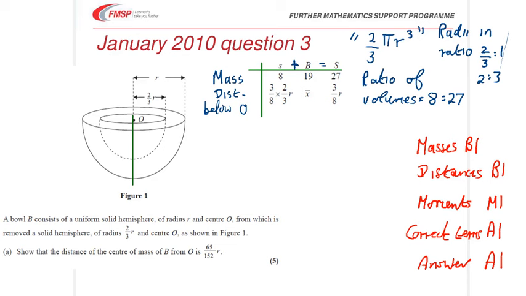So the moments of the whole thing is made up of the sum of its parts. So what we're going to have here, 8 times 3/8 times 2/3, that's a quarter of r. That's the moment for the small hemisphere, plus 19 x bar, the moment of the mass of the bowl, is equal to 27 times 3/8 r.